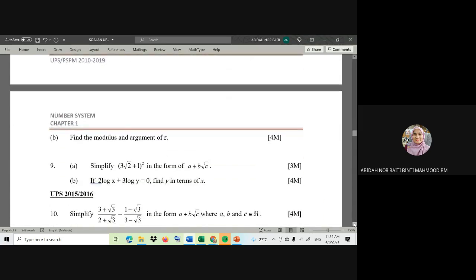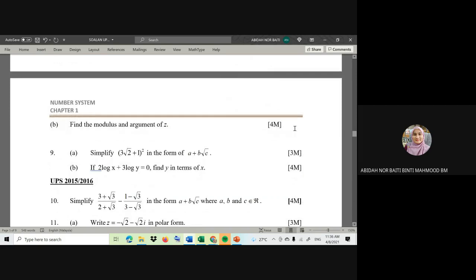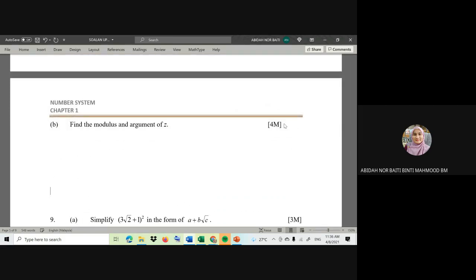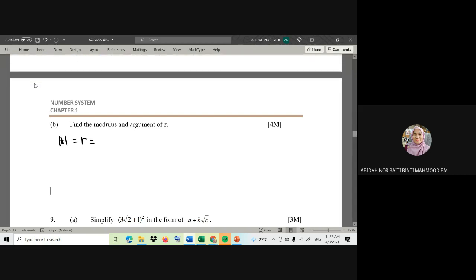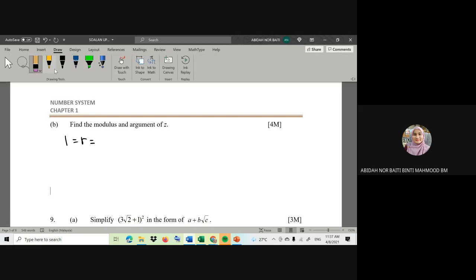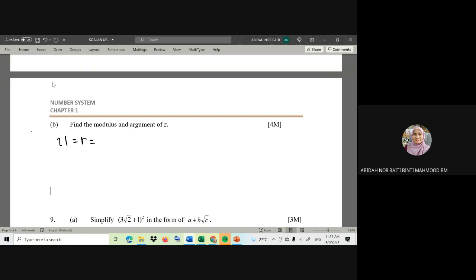Okay, now find the modulus and argument. What is modulus tu? Modulus tu apa sebenarnya? Modulus tu adalah sebenarnya value of R kan? Betul tak? Modulus of Z is R actually. Formula yang sama ya, kalau kamu perasan lah. Modulus dengan R tu adalah kita pakai formula yang sama. What is the formula?